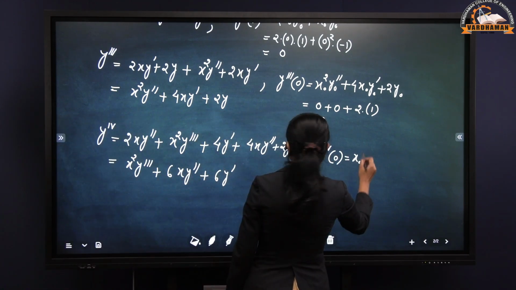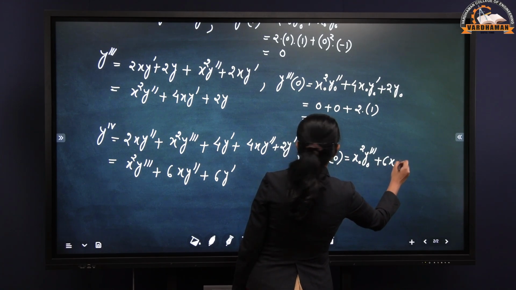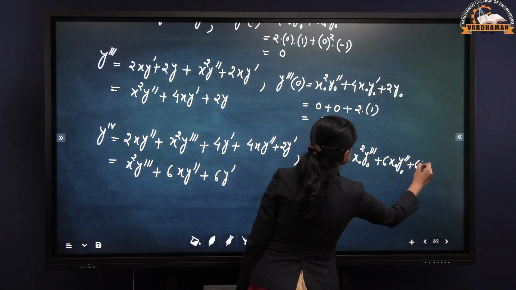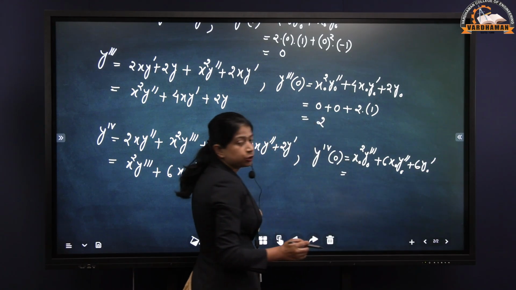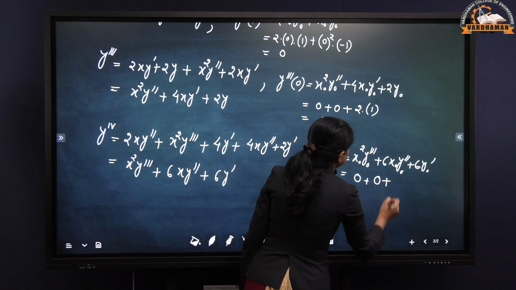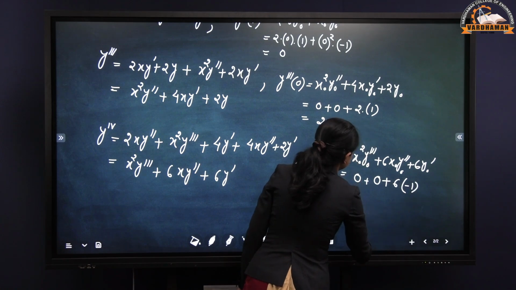We will get x₀²y₀''' + 6x₀y₀'' + 6y₀'. x₀ is 0, so it will be 0. Here also x₀ is 0, so it will be 0. Plus 6 into y₀', 6 into -1, so -6.